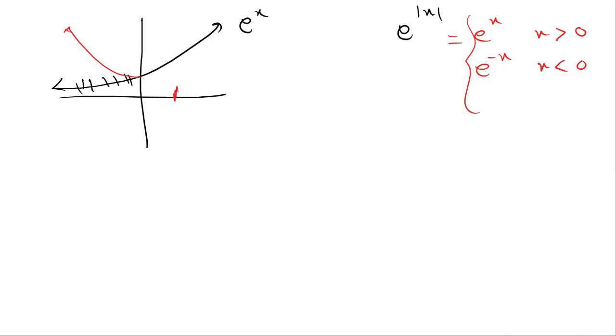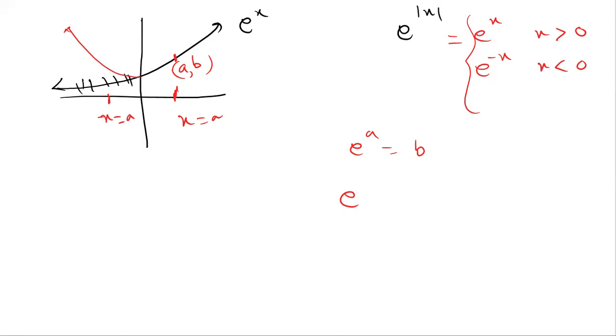If you take, let's say, x as a, you will get b. I'm taking this as the point a comma b. That means e power a gives b. What about if you take x equal to minus a here?